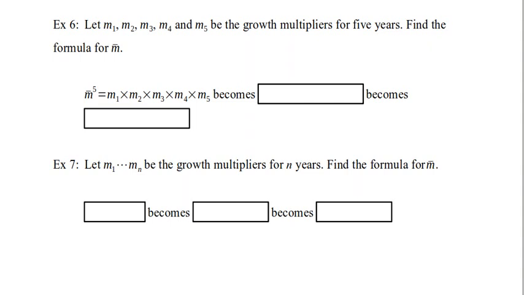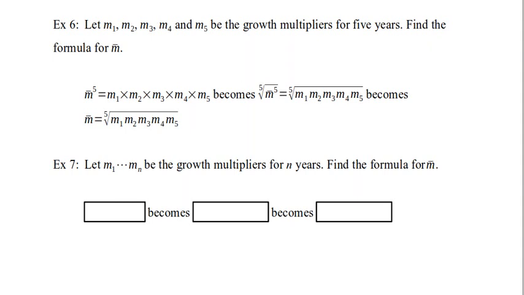And just like before, to get the m bar by itself, we have to take the 5th root of both sides. So that gives us the 5th root of m bar to the 5th. That's going to undo each other, the 5th root and the 5th power, leaving us with m bar. On the right, we just have the 5th root of the product of those 5 growth multipliers. And nice answer, the 5th root of m1 times m2 times m3 times m4 times m5.